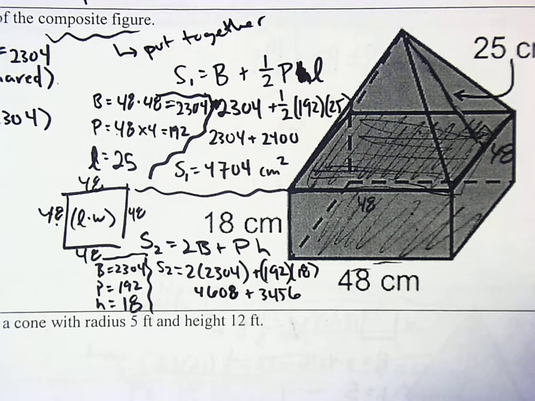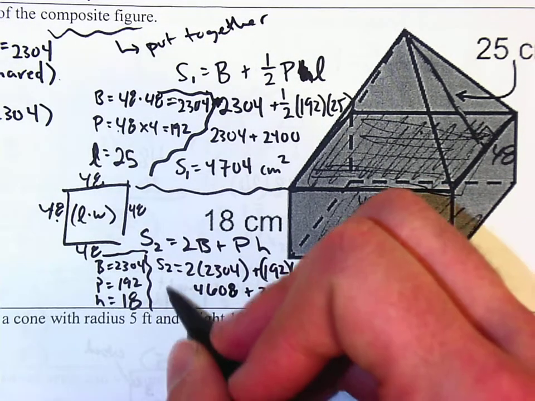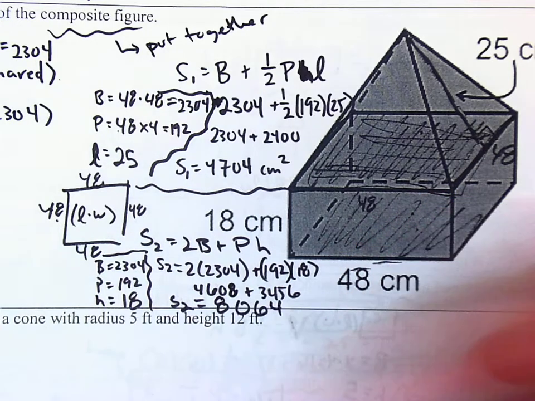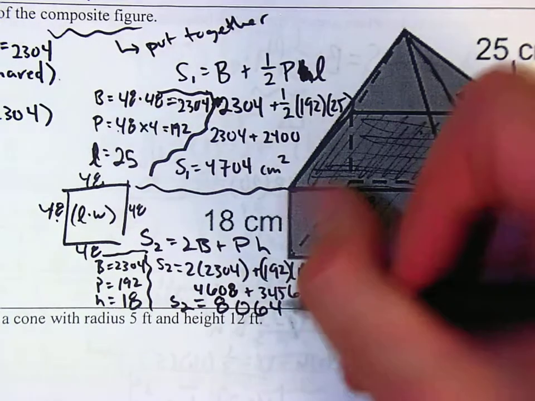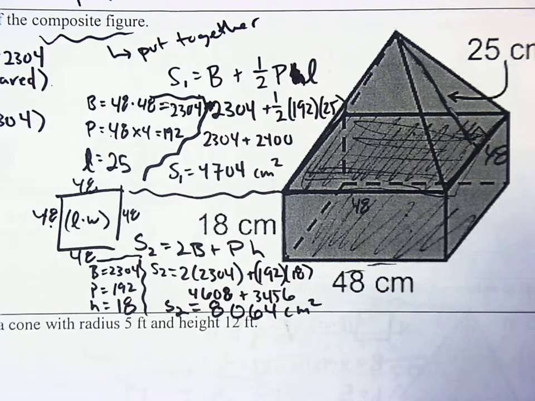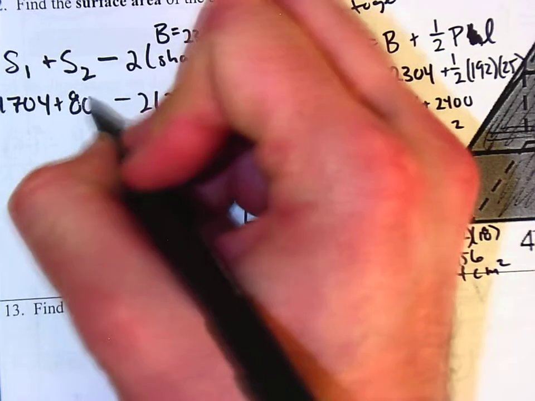Add those two things together and S2 equals 8,064. That would be centimeters squared, but you don't need to worry about that yet. So that's S2, and I'm going to go back and plug it in up here: 8,064.